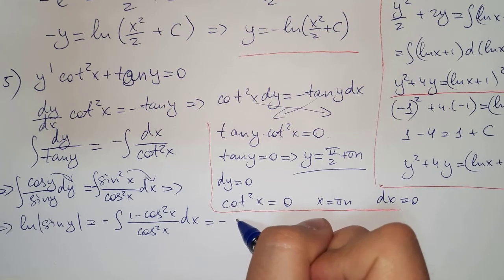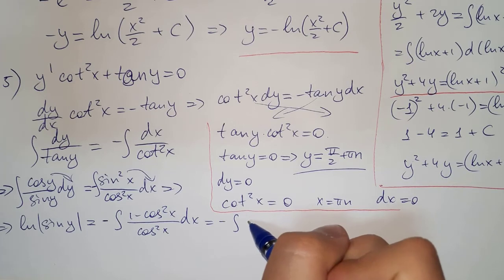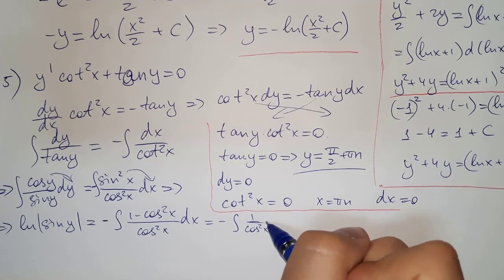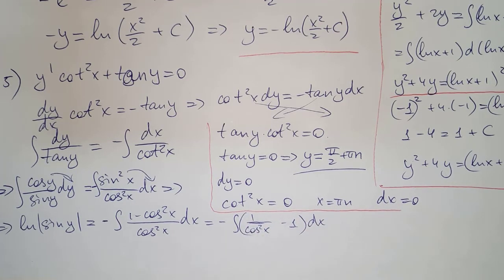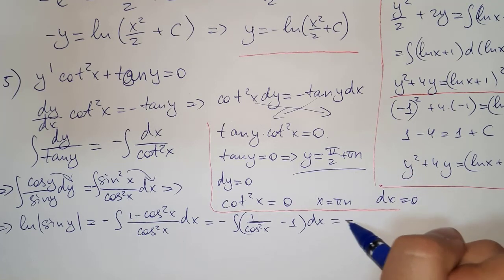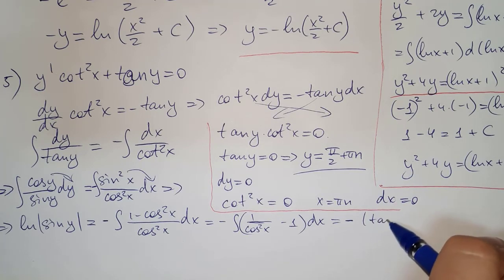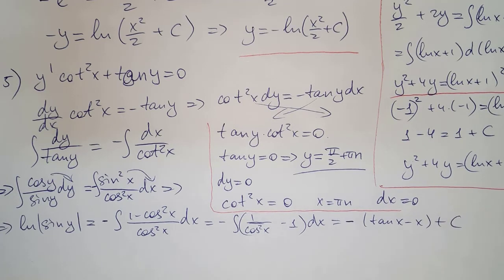Minus integral, it will be 1 over cosine square x minus 1 dx. 1 over cosine square x is just tangent x. It's equal to minus tangent x minus x plus constant c.